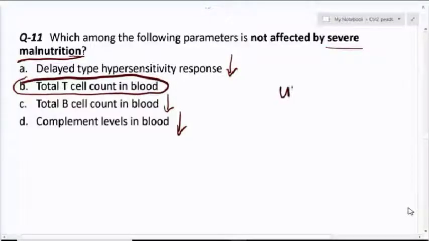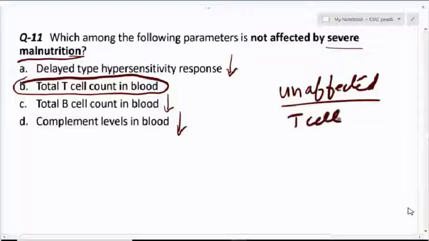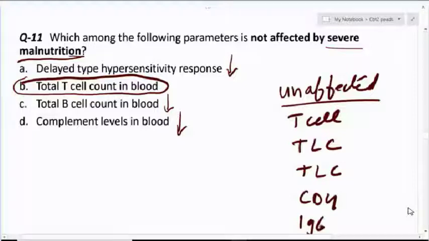So remember, in malnutrition, the total T cell count is not affected. Similarly, total lymphocyte count, total leukocyte count, the CD4 count, the total immunoglobulins are also not affected. Okay. So remember, like I told you, B cells and complement responses are also reduced in these patients in malnutrition.